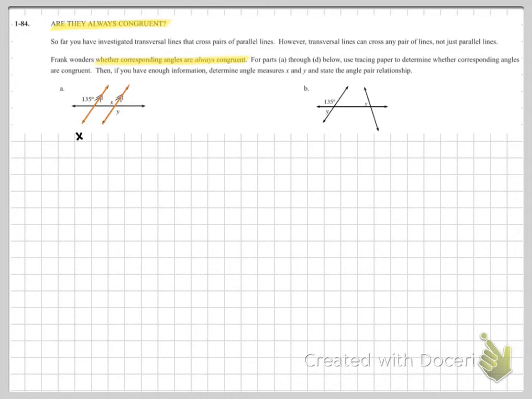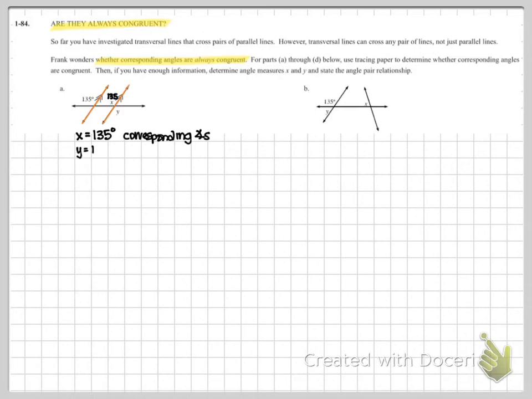But you can actually use tracing paper on this. So I would say that X is going to be equal to 135 degrees. And my reason, so get used to using your vocabulary, is that these are corresponding angles. And then once the 135, thanks to the parallel lines, is in that corner for X, we can now find Y as well.